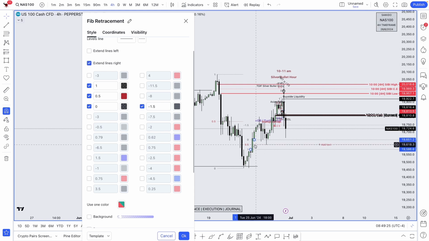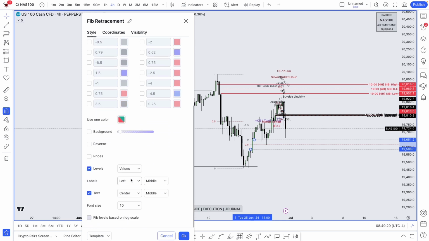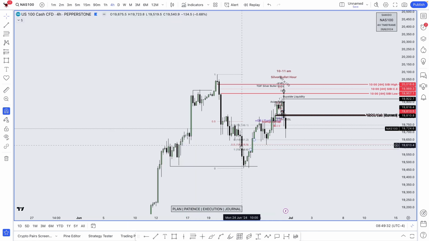Now I want to get the price level of this CE. So I'm just going to go here and say prices, and it's giving me 19618.9, right? So I want to get the low of this candle right here. So the low comes in at 19615.9.